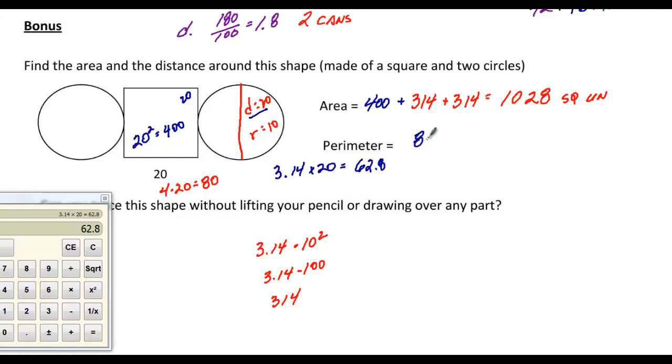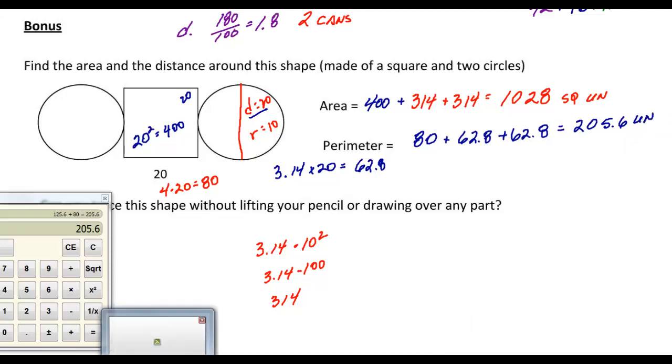So we had the 80 from the square plus 62.8 plus another 62.8. 62.8 times 2 is 125.6 plus the 80 gives us 205.6. Oops, not square units, excuse me there. Not square units, but just units of measure for the perimeter.